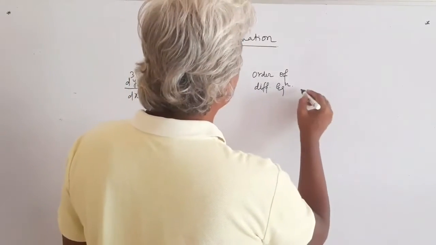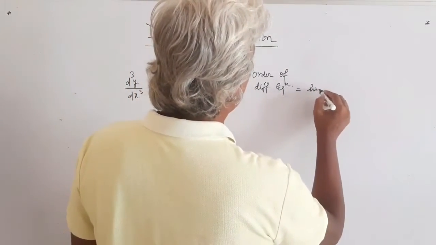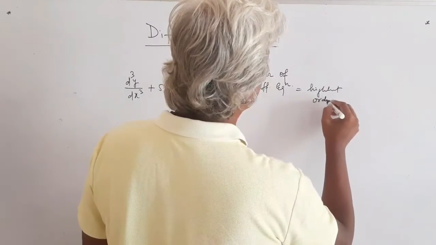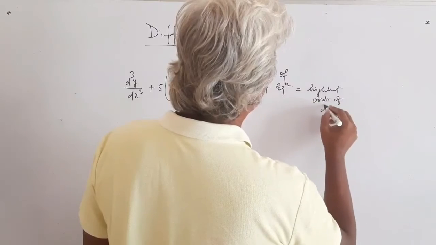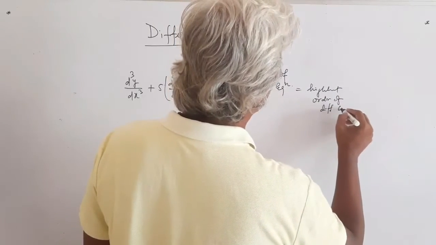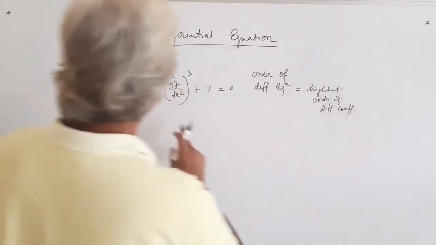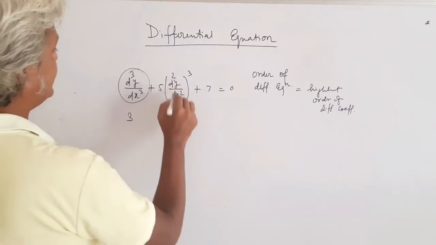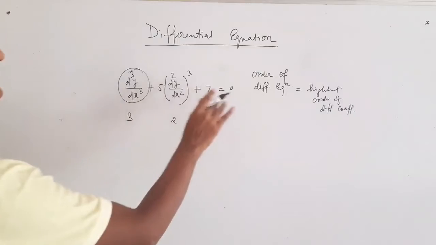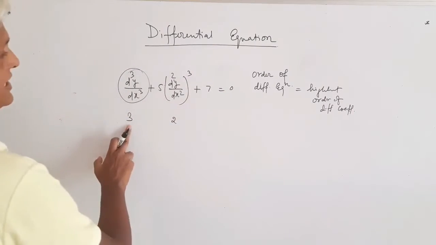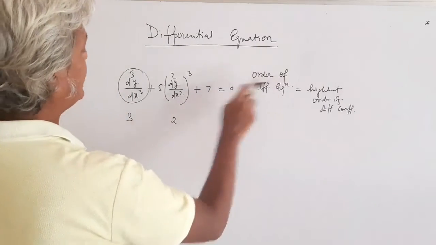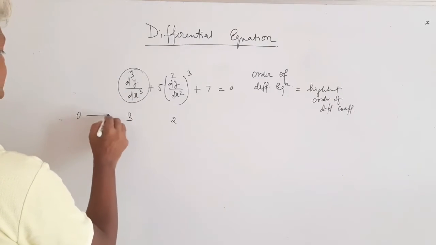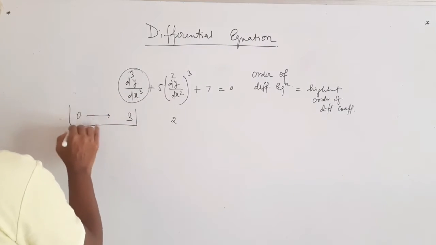So in this case, you see here the highest order is 3, here the highest order is 2. So the highest order of this one is 3. So the order of this differential equation will be 3.